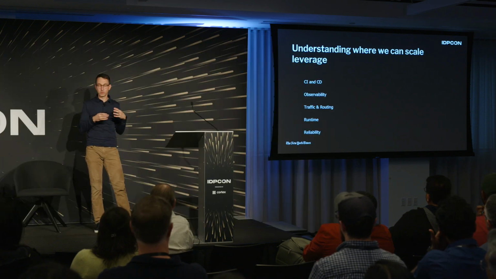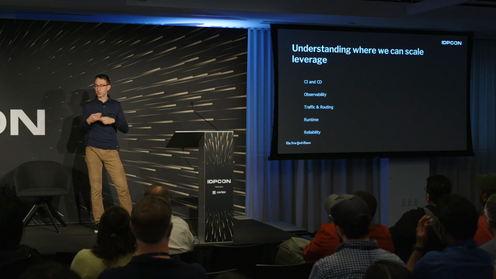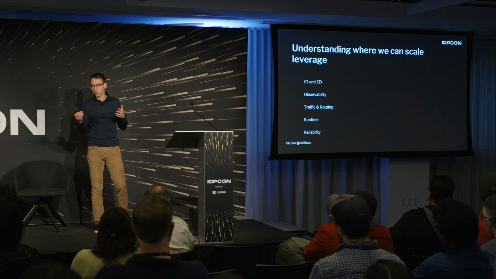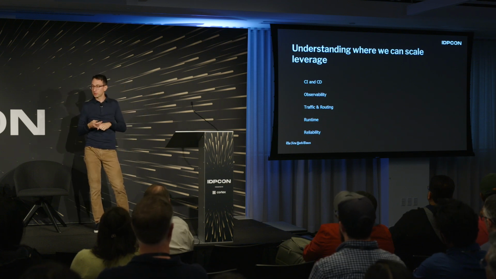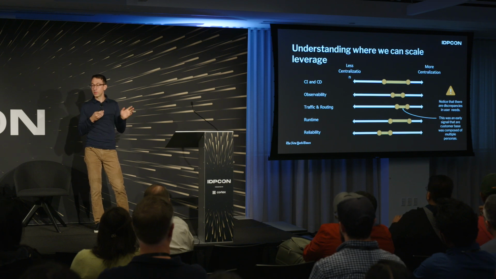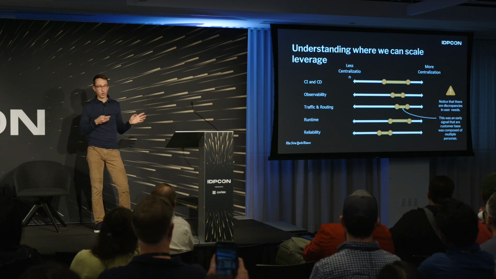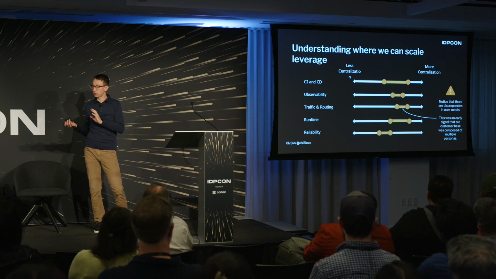So the idea here was understanding where we can scale leverage. So let's look across these various domains that we know developers have challenges with: CI/CD, observability, traffic routing, runtime, and reliability or monitoring. That maps back to that overall picture I showed earlier. This diagram illustrates the themes we uncovered across our core technological domains. Something to note here is that there were discrepancies in this user discovery.